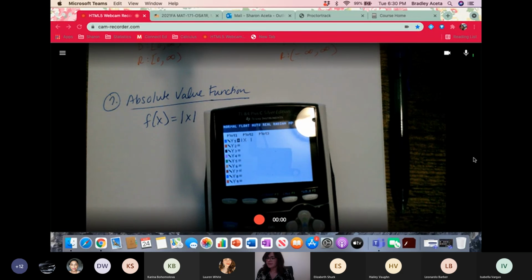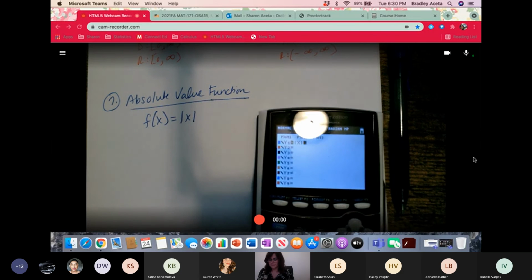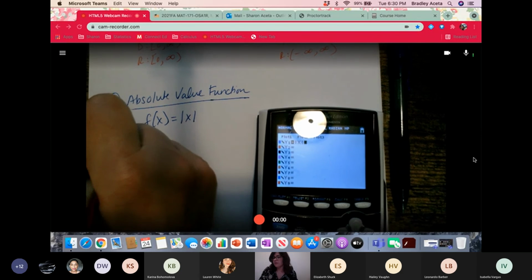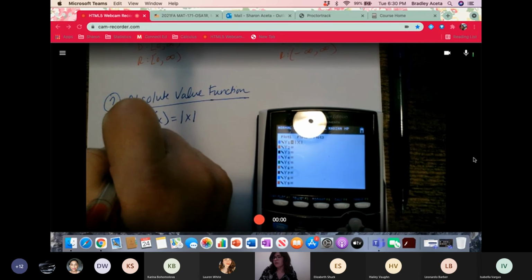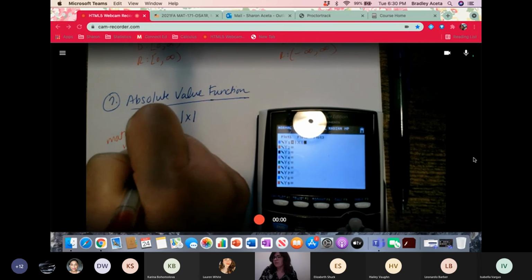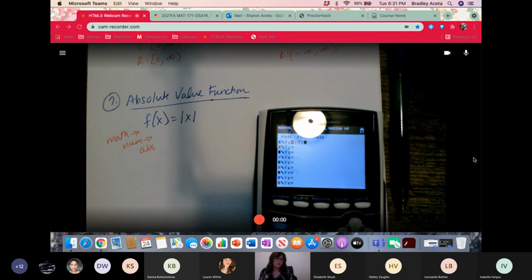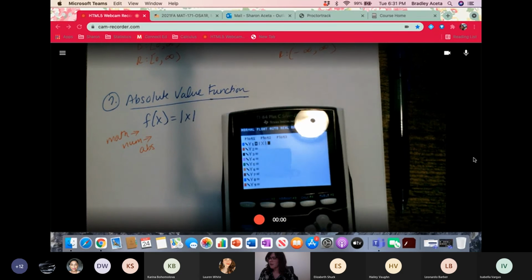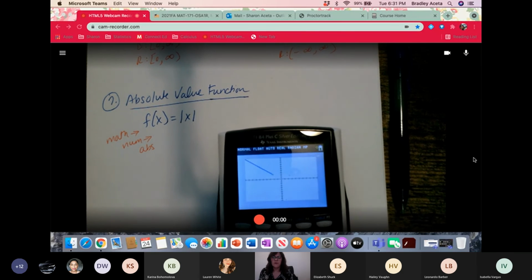And then type in x: math, num, abs. And you can write that down if you want to. Math, num, abs. That's where it is located on the graphing calculator. And what it looks like, zoom 6, it's a V. So it's a V-shaped graph.